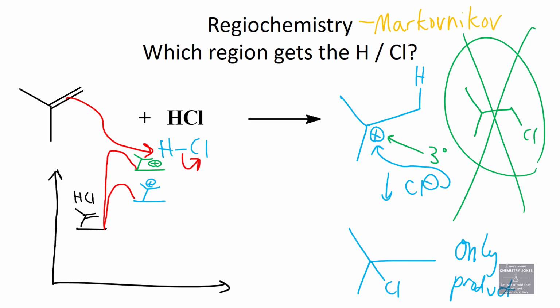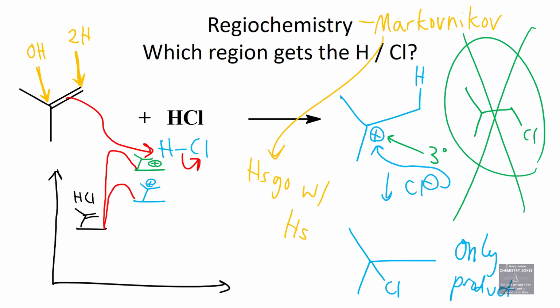Markovnikov, a Hungarian chemist that studied a lot of alkenes, said, it seems that I make the most stable carbocation most of the time when the H's go with the H's. Meaning, this carbon of the alkene in the beginning had 2 hydrogens. This carbon of the alkene in the beginning had 0 hydrogens.